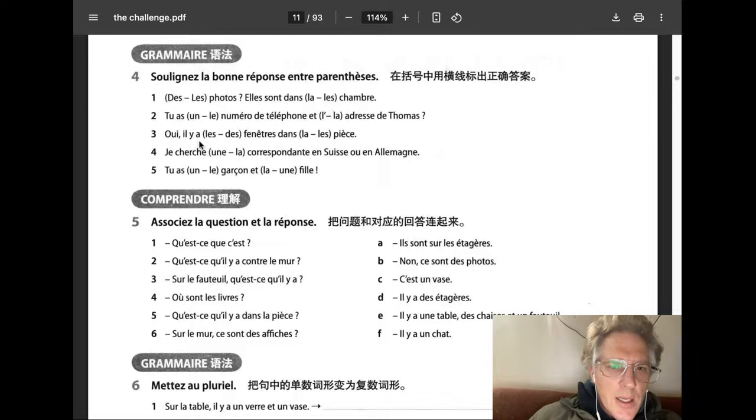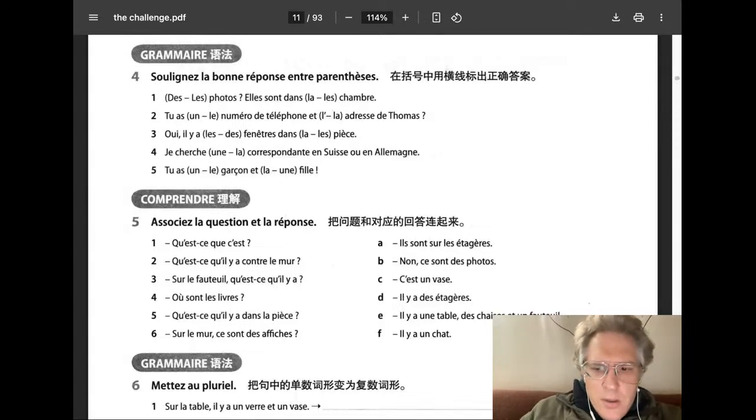Oui, il y a des fenêtres dans la pièce. The room. Are there windows in the room? Yes, there are some windows in the room. Not the windows in the room, but some windows in the room.